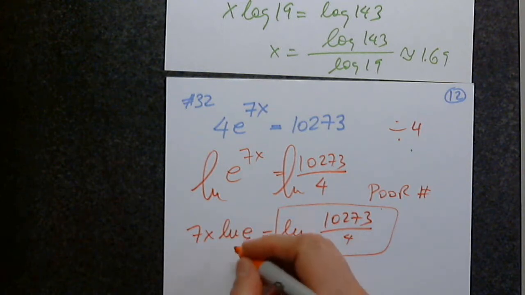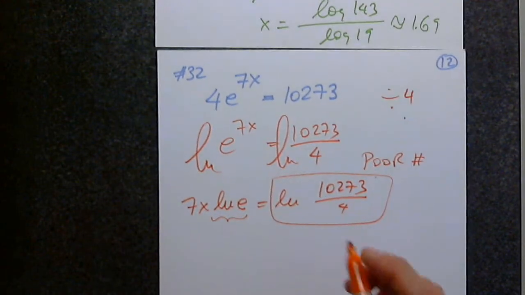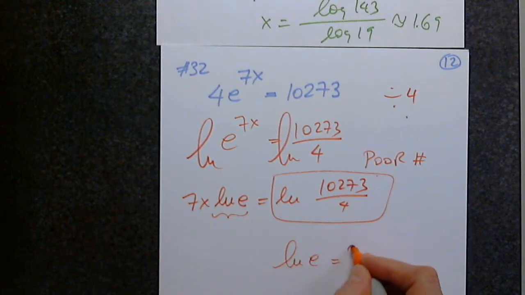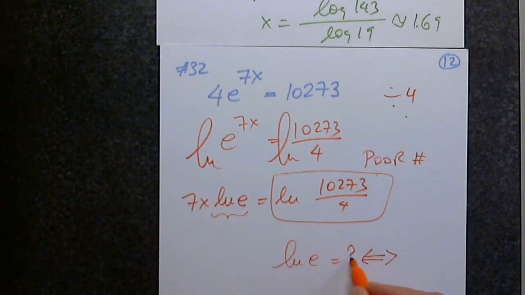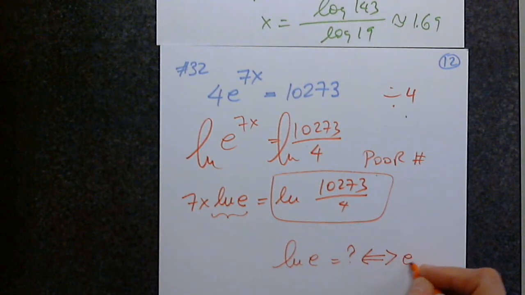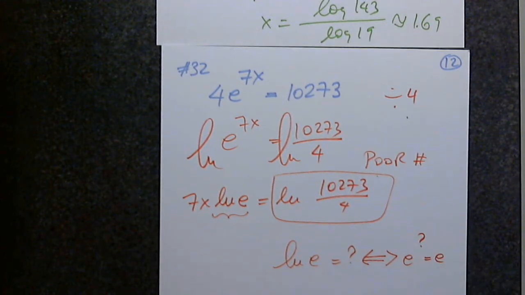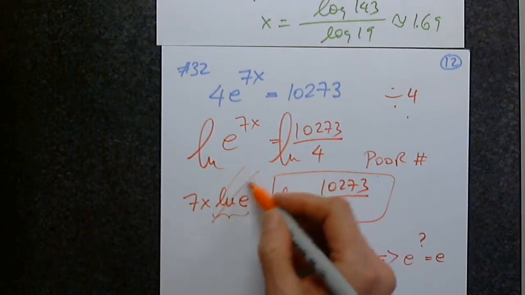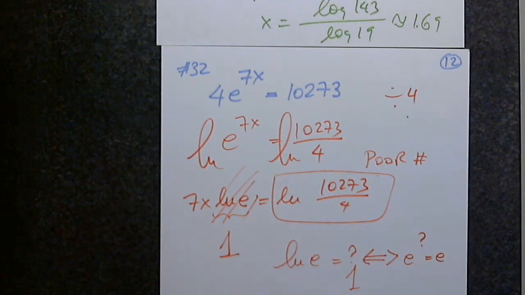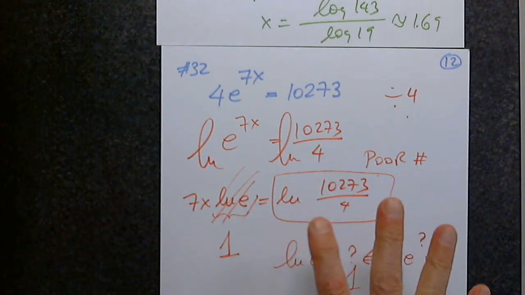Okay, now I would like to discuss this. Natural log e is unknown, but I know that this is equivalent to, what is the base of natural log? e. Excellent. e to what power is e? Exactly. So this is 1. Because we're here, we didn't finish.